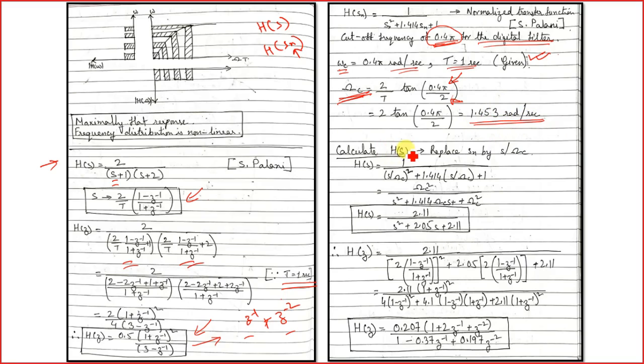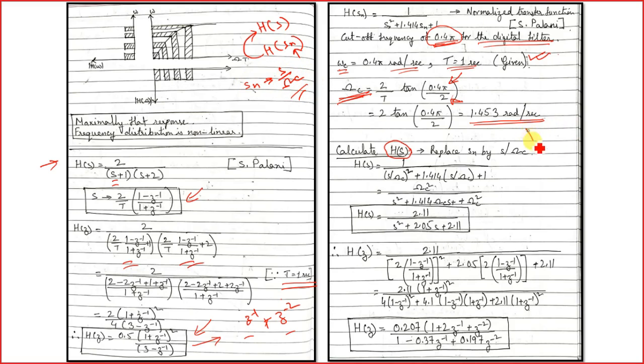Now post this one, we have to calculate H(s). From H of Sn we have to calculate H(s). How can we convert this? For converting this, we have to replace Sn by s by omega c.